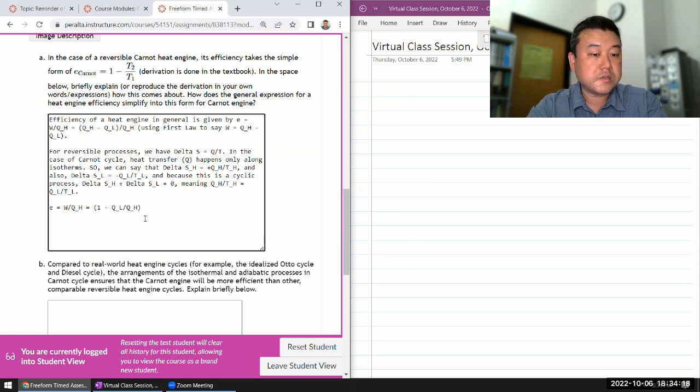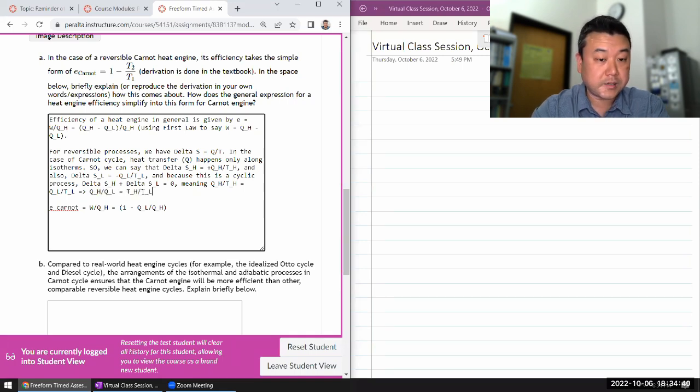And now, once we say the efficiency of a Carnot heat engine, then we can use the expression that we derived above. Actually, I need to go one more step, just moving them around so that QL is on that side and TH is on this side. Then it's QH over QL equal to TH over TL.